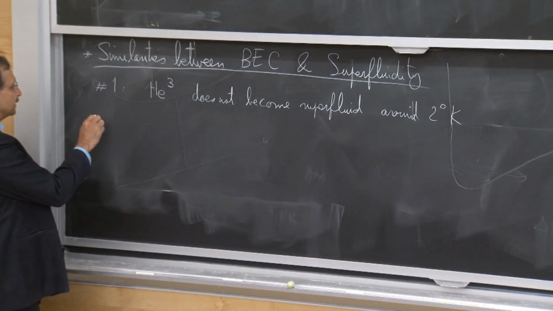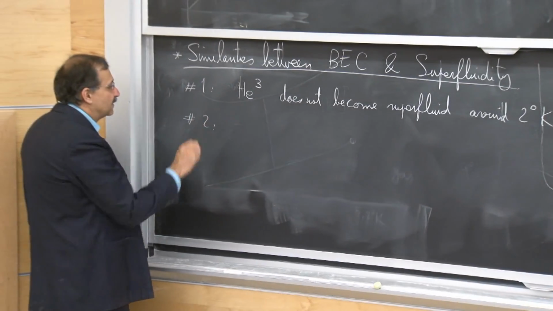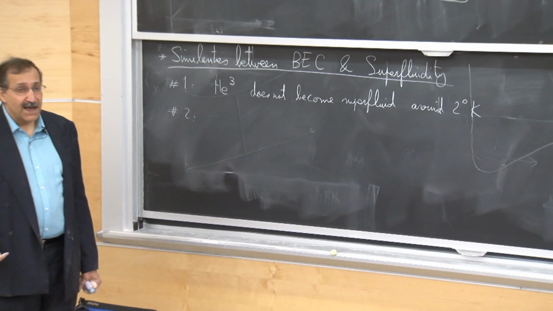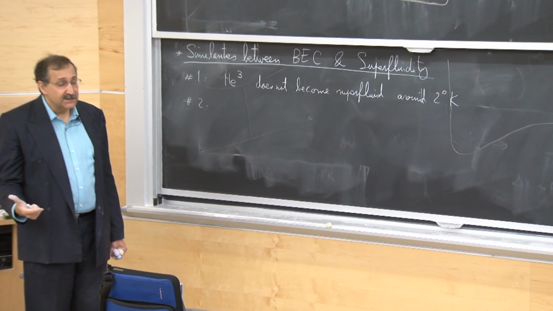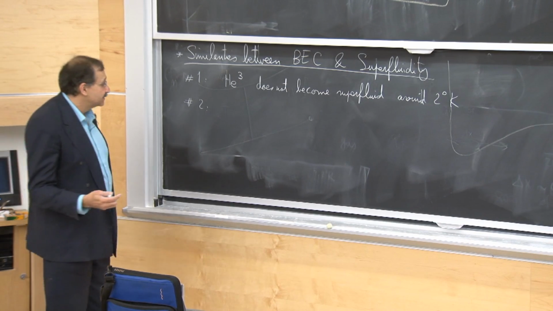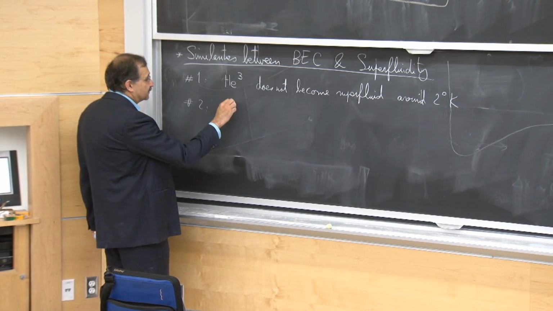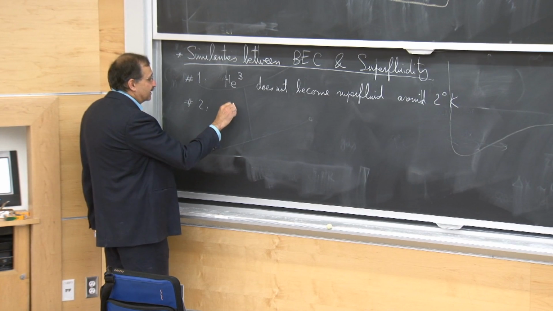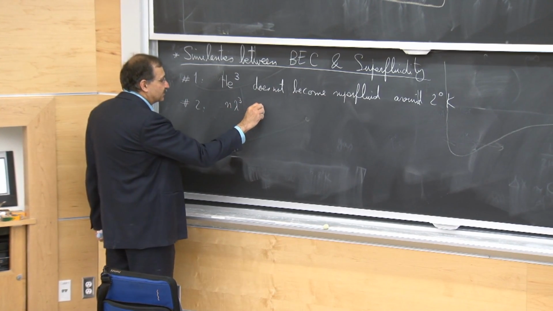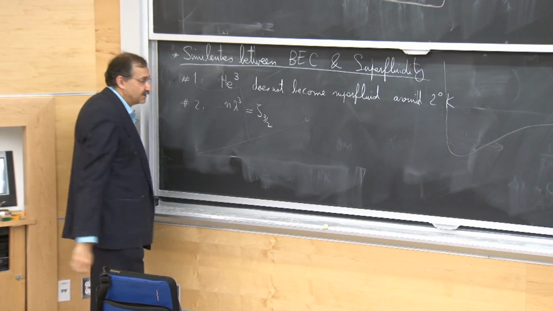What is special about this is, well, you would say that once you have mass and density, you can figure out what the Bose-Einstein temperature is. We had this formula that was n lambda cubed is equal to zeta of 3/2.